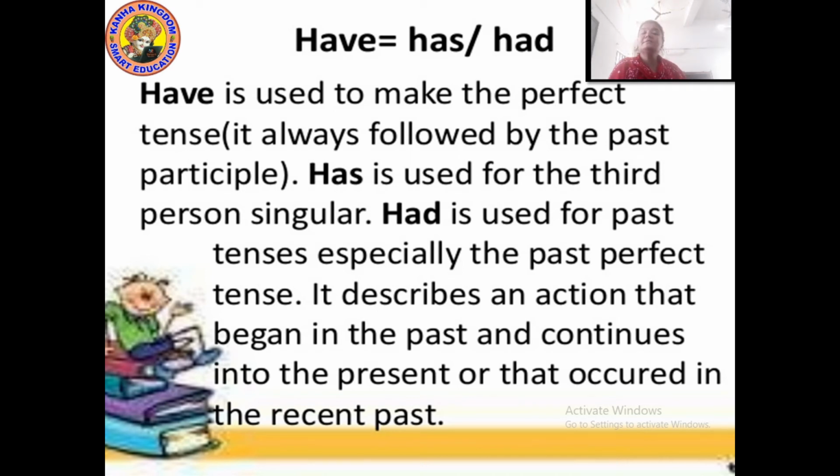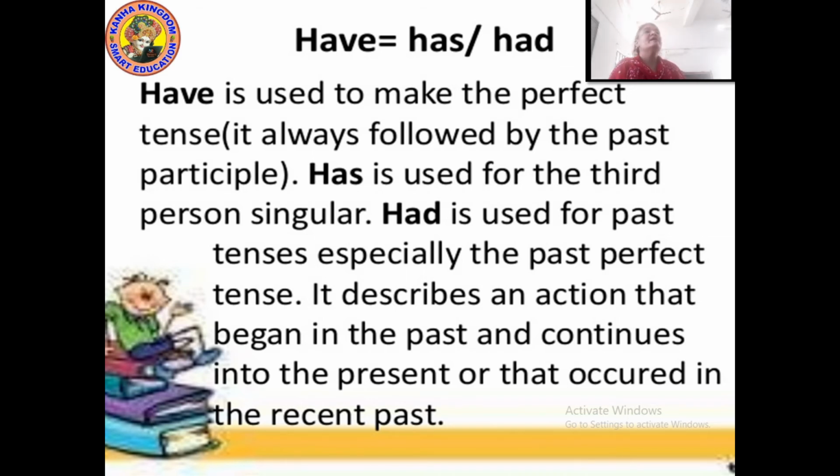By the past participle I mean the third form of the main verb, as eat, ate, eaten. Eaten is the third form of the verb. So wherever you use have and has, the third form of the verb, that is called the past participle, will be used with this auxiliary verb.